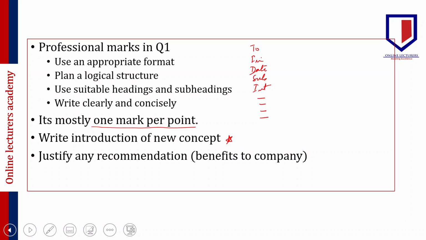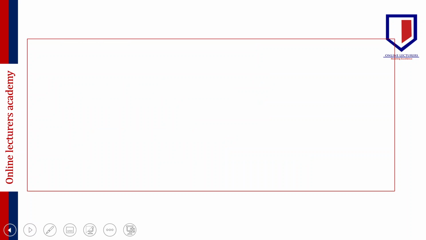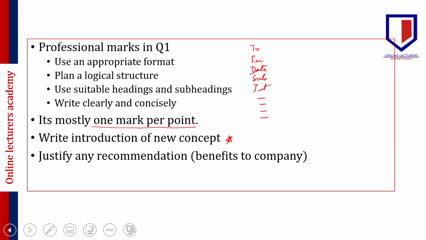Now, justification is really very important, which the majority of students miss, I believe. Justification in the sense that if a company is switching to a new concept, then you have to write two things. First, you have to write why you think the current system which the company is using is inappropriate.